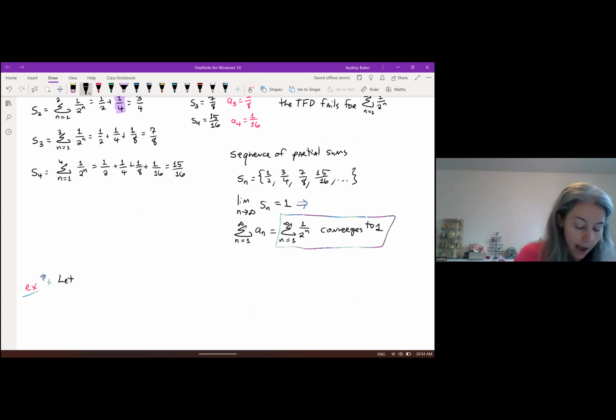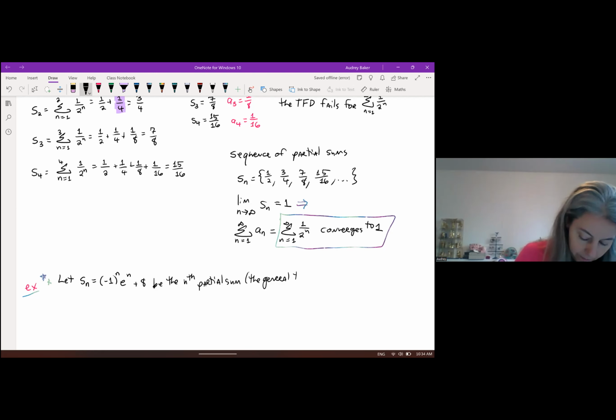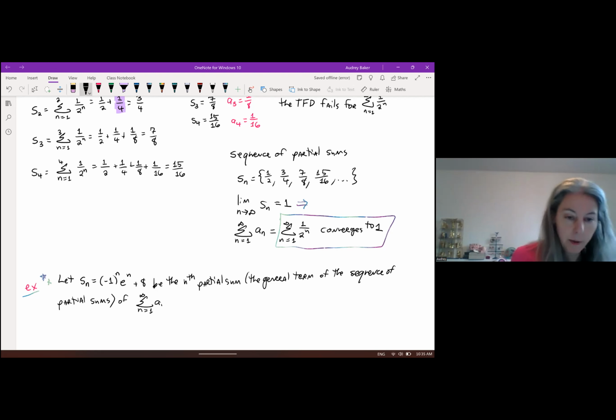So we're going to let S sub n equal negative 1 to the power of n, e to the n plus 8, be the nth partial sum, i.e. the general term of the sequence of partial sums of some series, the sum n equals 1 to infinity of a sub n, where we don't know our a sub n.